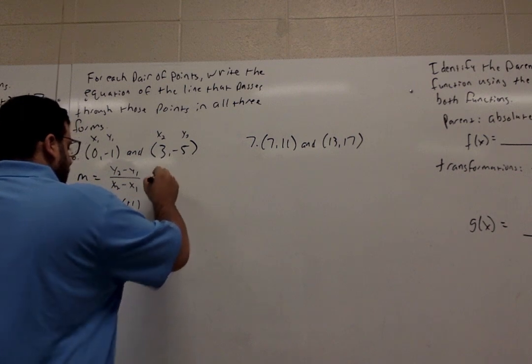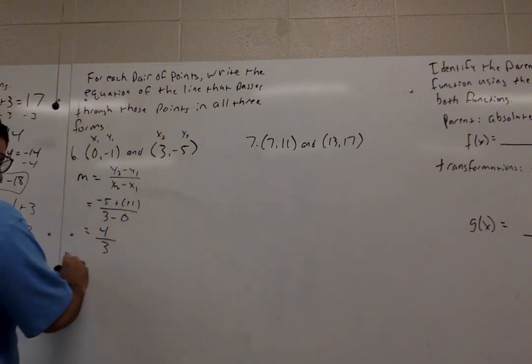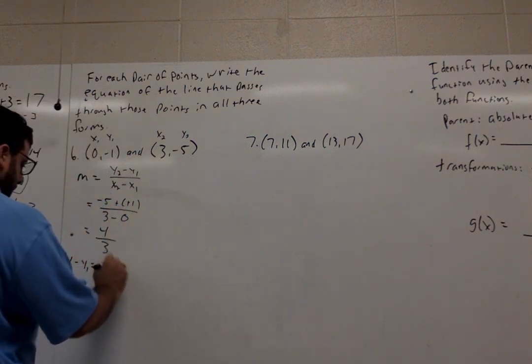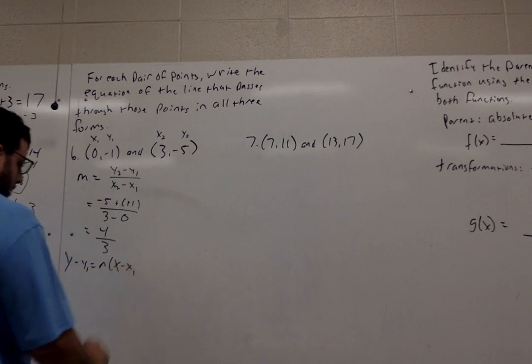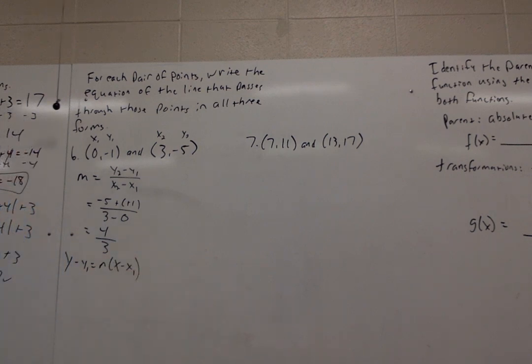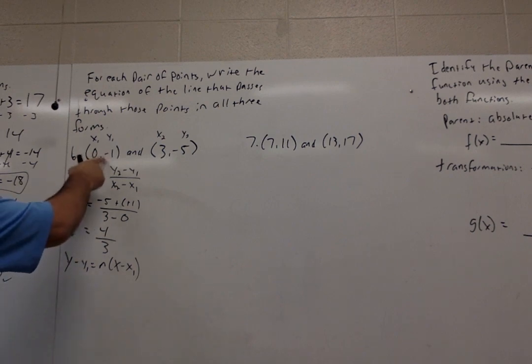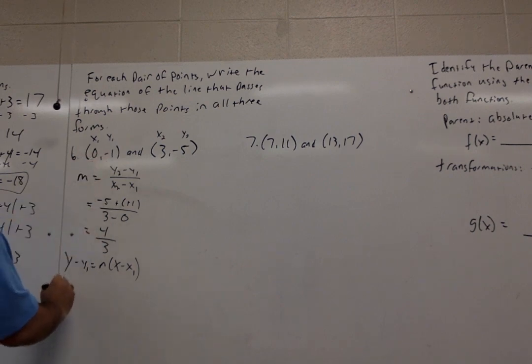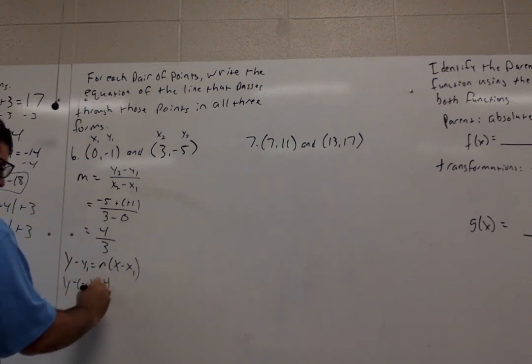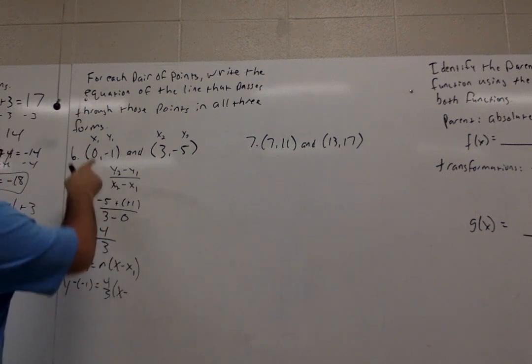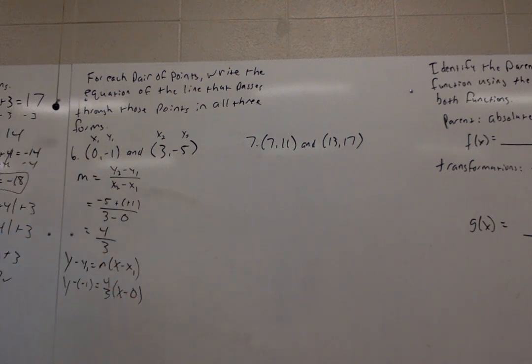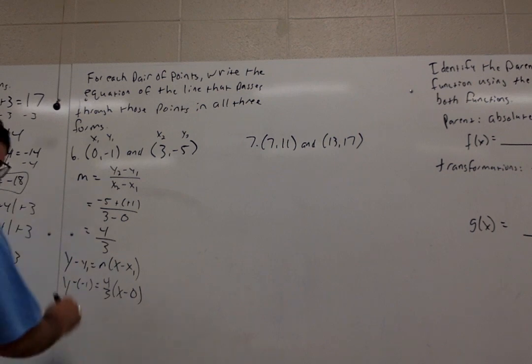So for point-slope, remember that's y minus y1 equals m times x minus x1. So if I plug all those values in using this point, that's y minus -1 equals 4 over 3 times x minus x1, 0.